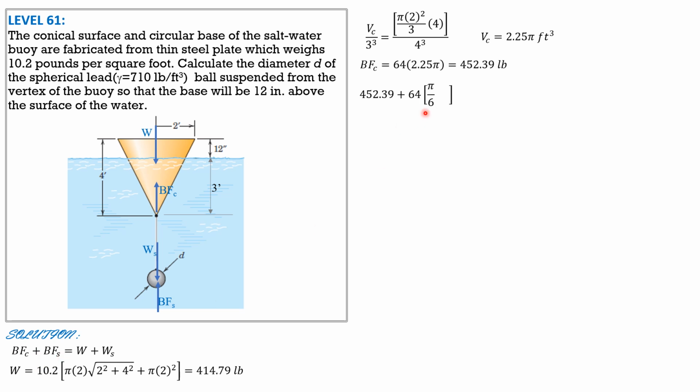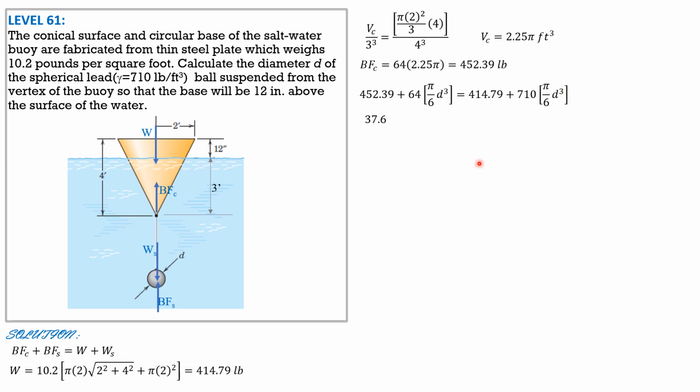452.36 plus 64 pi over 6 diameter cubed, this is the volume of the sphere in terms of diameter, equals the weight 414.79 plus the weight of the spherical object, which is made of lead, 710 pounds per cubic foot times the volume, pi over 6 diameter cubed.